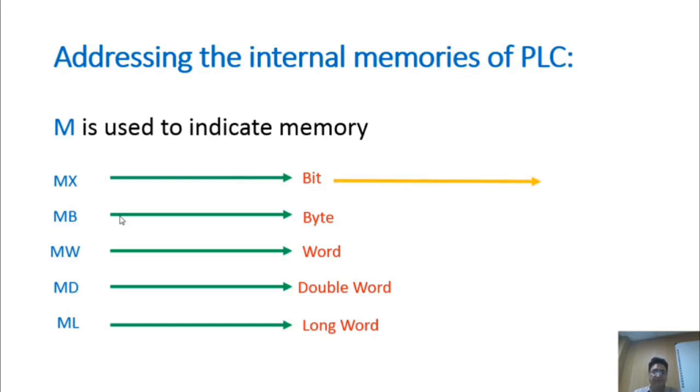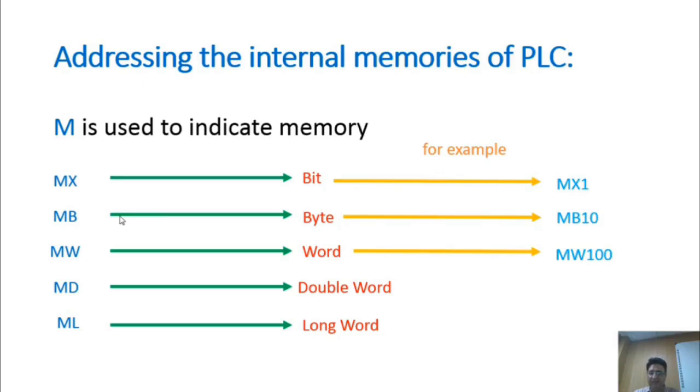So, for bit memories, as we said, we use MX. For example, MX1 means bit 1 of the PLC's memory. Or for MB, which we said is for 1 byte of memory, for example, we can say MB10, meaning we assign a value to byte 10 of the PLC's memory. Or for MW, which we said is related to word memories, for example, we can say MW100, meaning we assign a value to word number 100 of the PLC's internal memory.